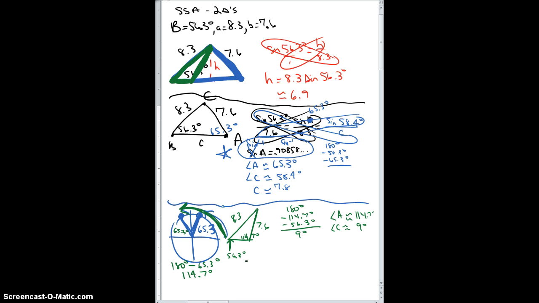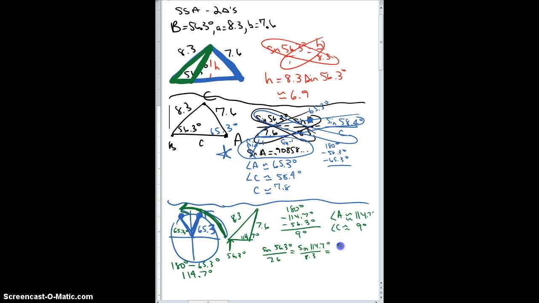All right, and then the last step, just like before, is we actually have to solve for C. So I have sine of 56.3 degrees over 7.6. Sine of A is 114.7 over 8.3.